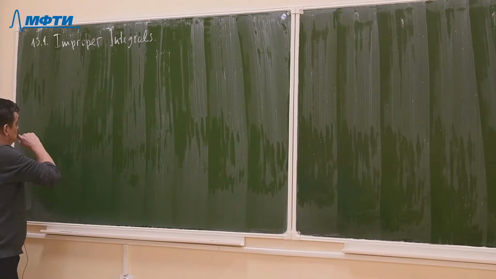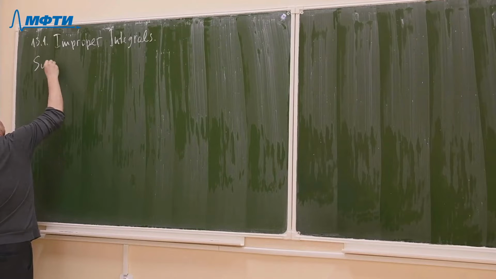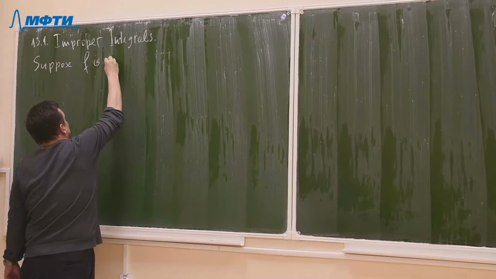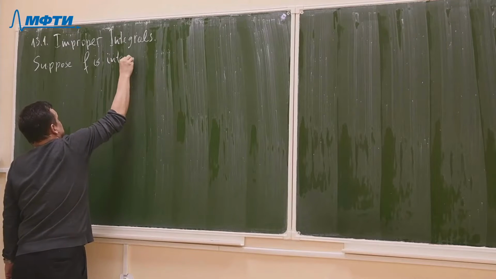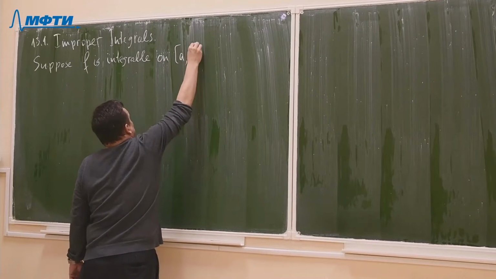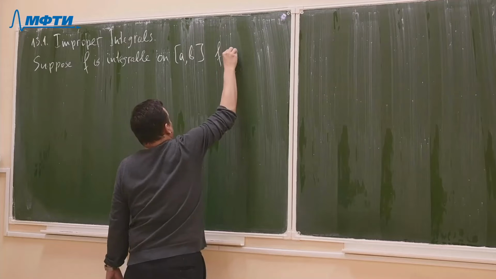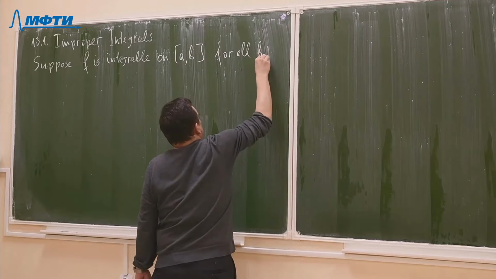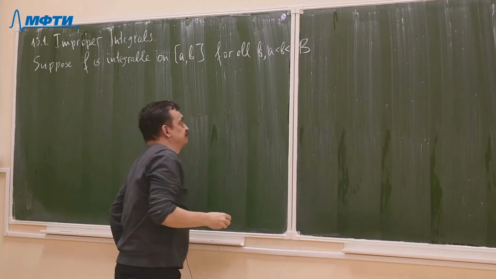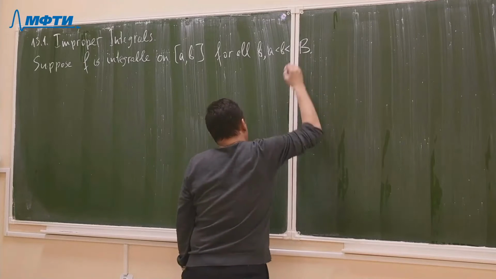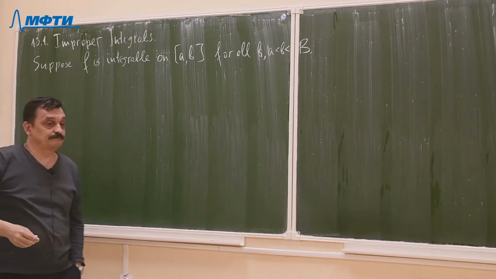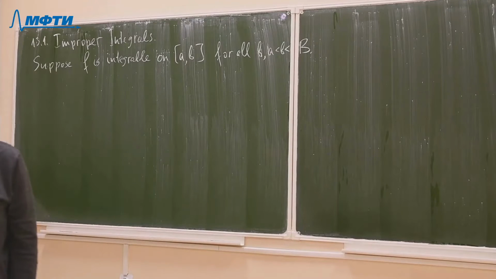So, suppose f is integrable on [a, b] for all b, a less than b less than capital B. Capital B might be infinity as well, or a finite number, doesn't matter.